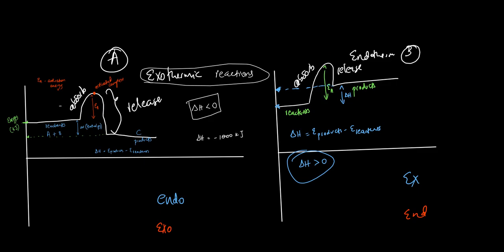Activation energy is going to be the energy of the activated complex minus the energy of the reactant. So that's going to give you the activation energy. I'm doing this so that when you are reading the graphs, it's easy to see and you can answer the questions.